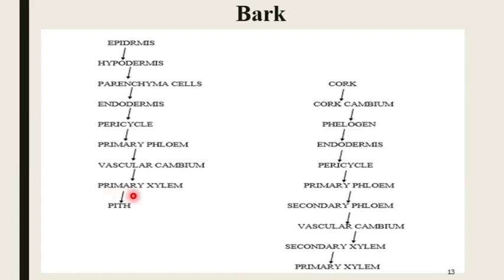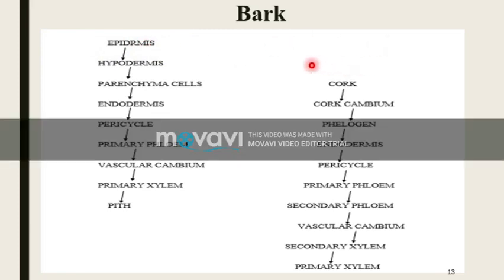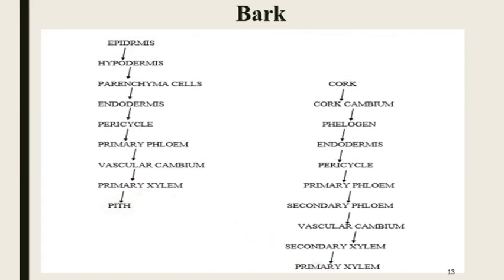In the secondary growth, we will observe the pith as well as the epidermis disappear. The epidermis falls off, the place is covered by cork, and the pith also disappears, and the whole place is covered by primary and secondary xylem.